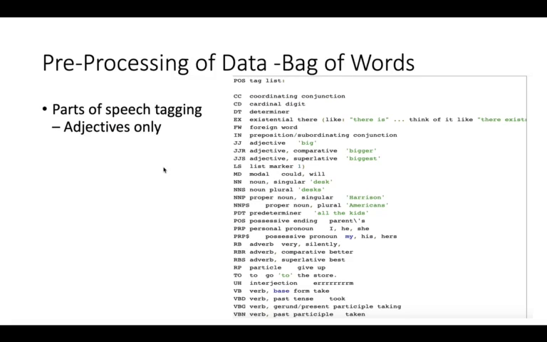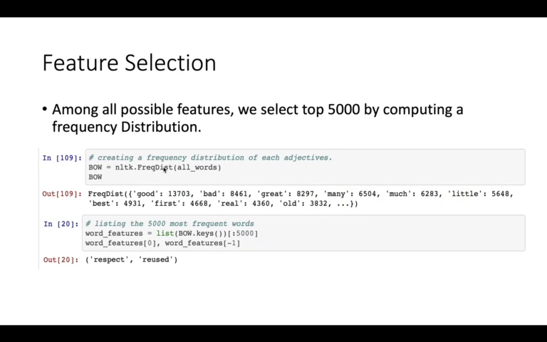So what we are trying to focus on here is the adjectives. So we use the parts of speech tagging functionality of an analytical library to realize this. I'll show you that in the code.